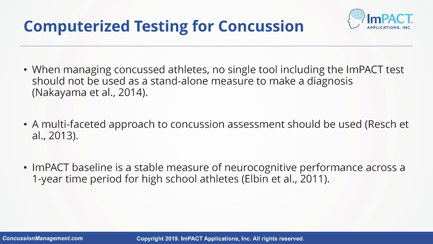We do know that, in referring to the baseline testing, that it is stable across a period of time. So even if your athlete gets injured 6, 8, 10 months after the baseline test, it still can provide useful information for you about that athlete's pre-injury performance, and for you to evaluate when that athlete is back to that pre-injury status.